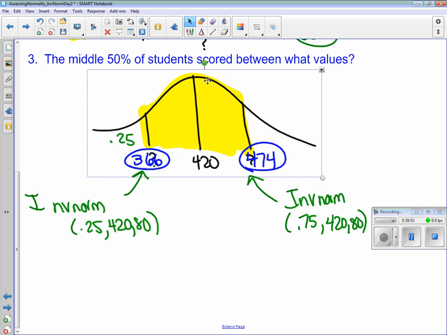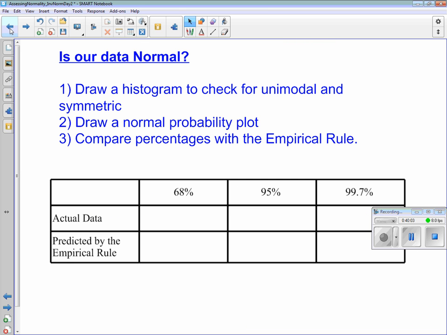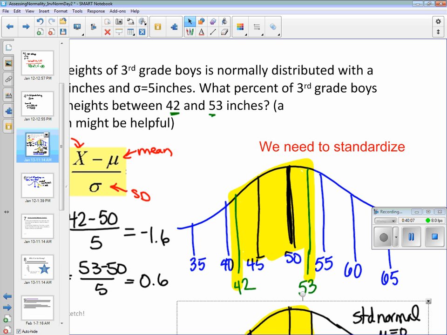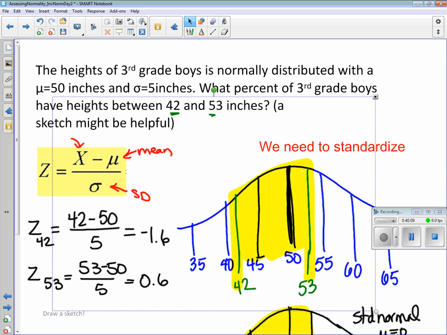Now, the biggest thing that you guys are going to struggle with, I'm telling you this ahead of time, is knowing when to use inverse norm versus knowing when to use normal CDF. Okay? So let's just review that real quick. Go back to the, well, sugar, I skipped a whole bunch of problems. Sorry about that. And look at this original problem. What were we looking for? What percent?